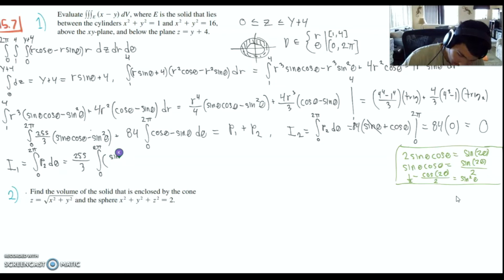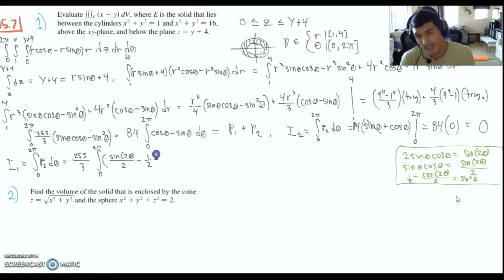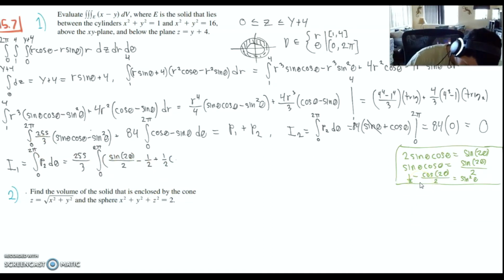So this is going to turn into what? Sine 2 theta divided by 2 minus 1/2. So I'm going to distribute the minus in, so it's minus 1/2, then plus 1/2 cosine 2 theta.